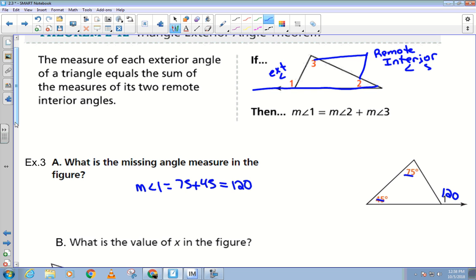Yes? This right here? That one? No, because they're supplementary. So if this exterior angle is 120, this one's going to have to be 60, right? Okay.